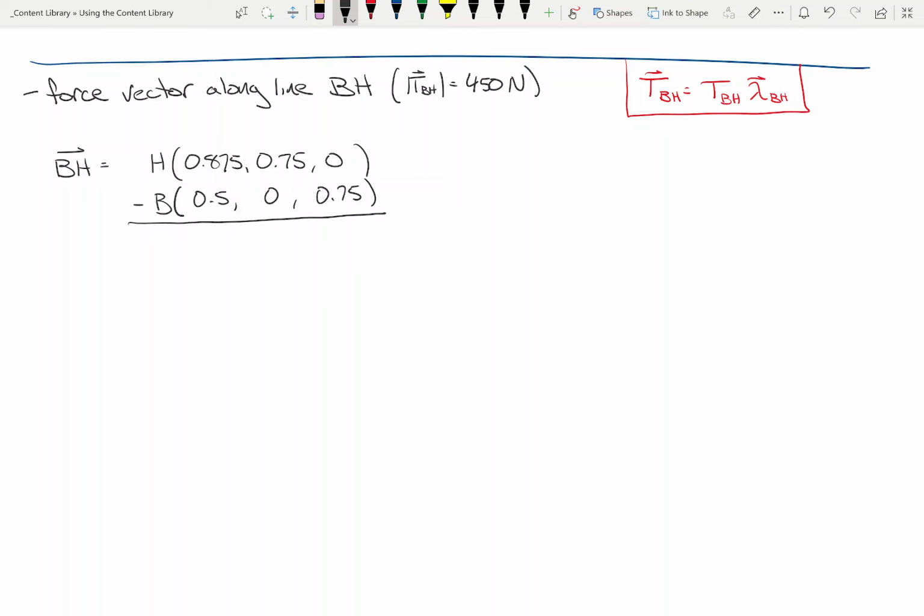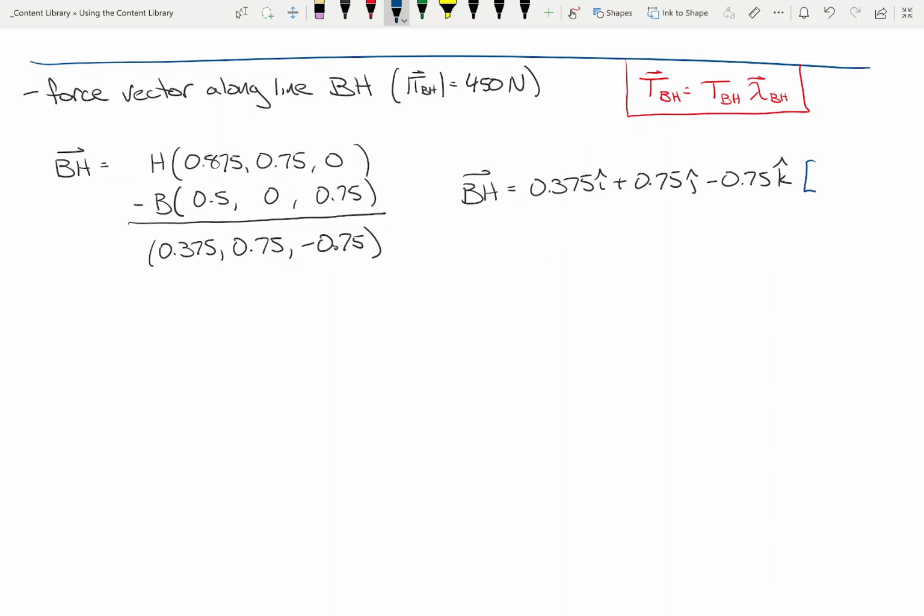So if I subtract these, I get that, that, that. So BH, and what are the units for that? Making sure everybody's paying attention. Is it meters? Meters. This is a distance vector.